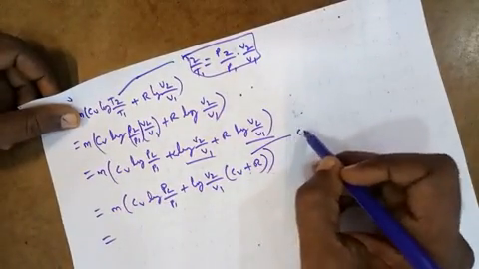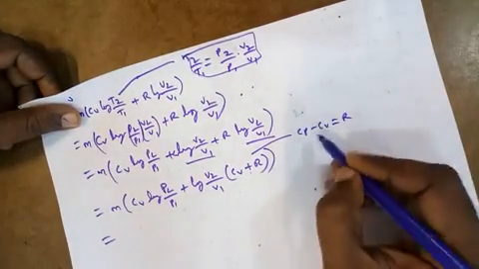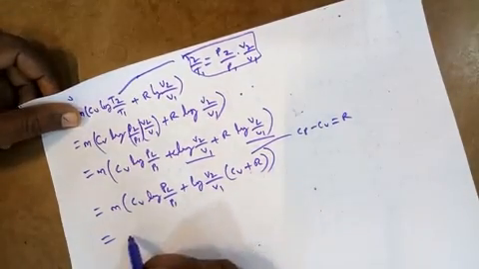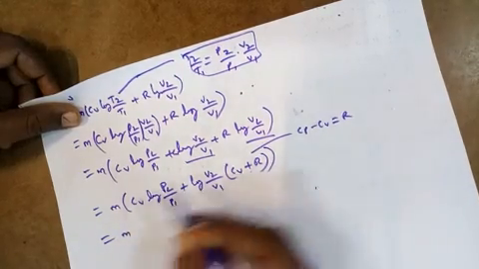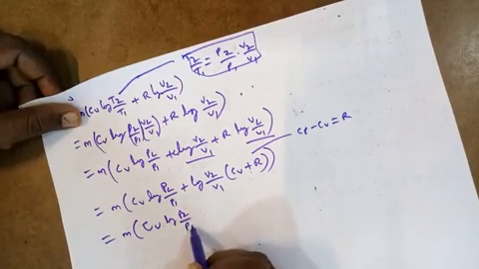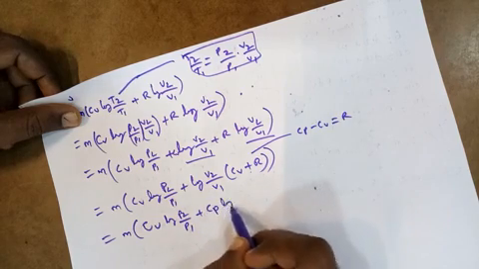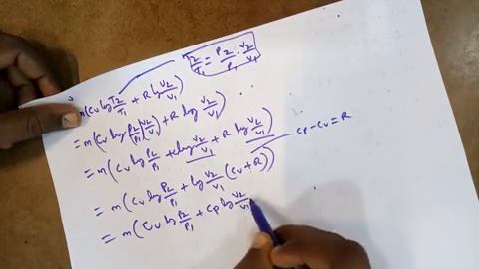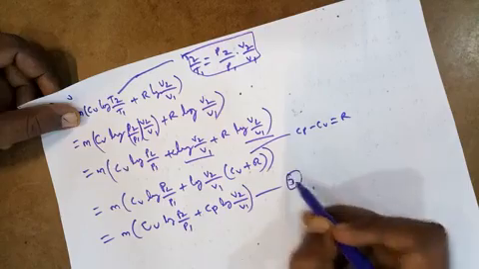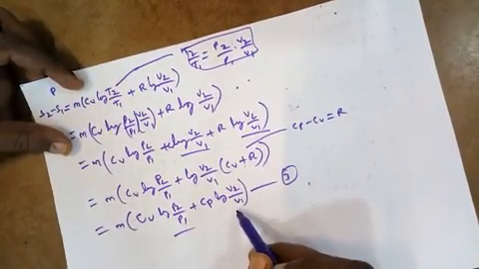As Cp minus Cv is equal to R, Cv plus R is equal to Cp. So m Cv log P2 by P1 plus Cp log V2 by V1. This is the expression for change in entropy in terms of pressure and volume.